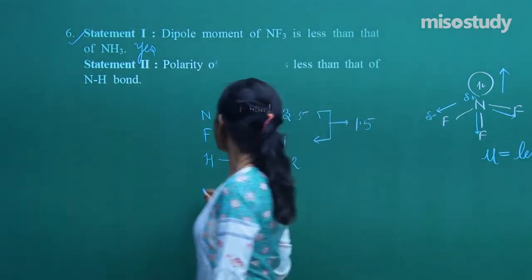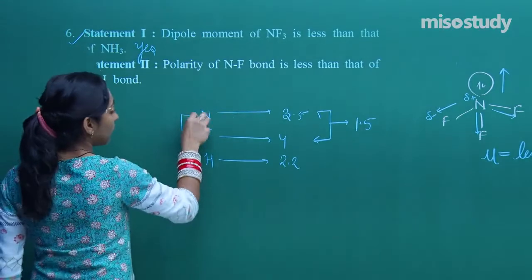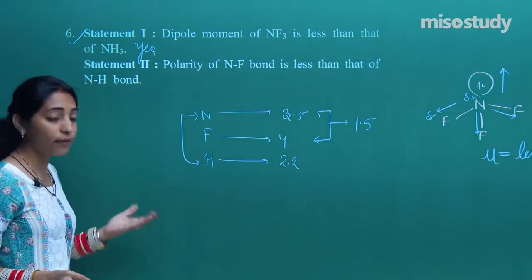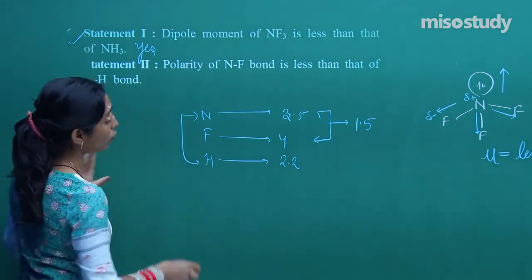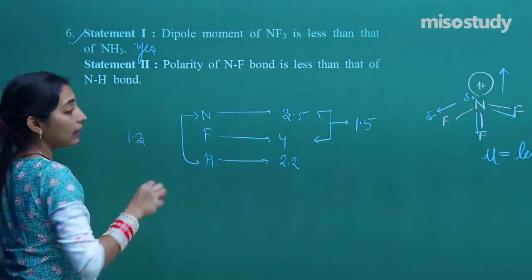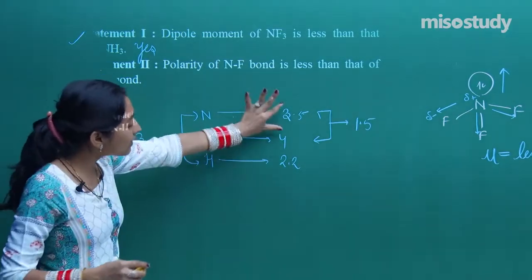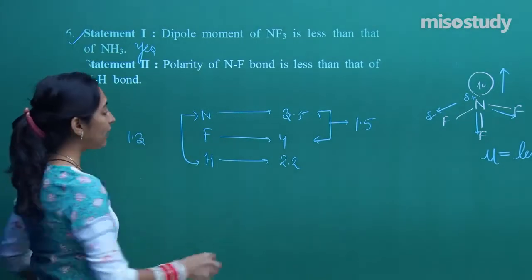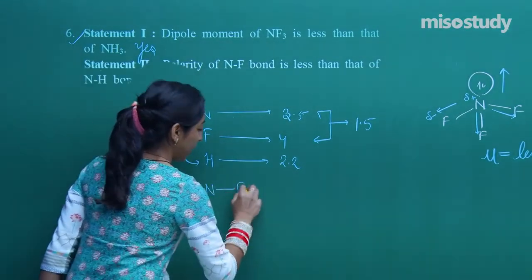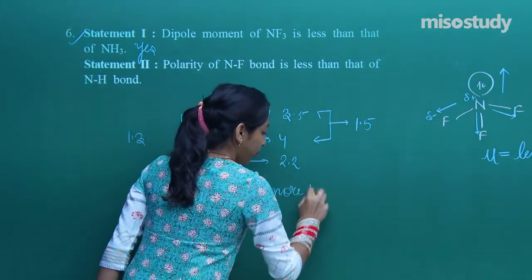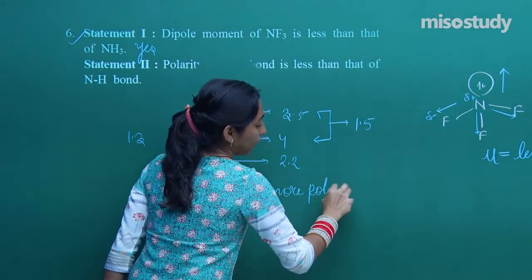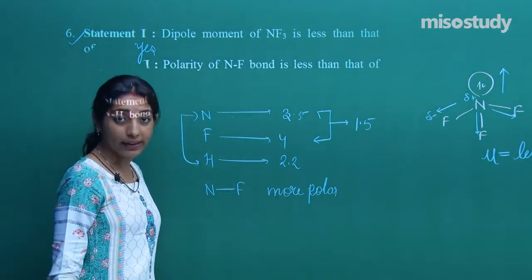But if I ask you to figure out the difference in electronegativity of N and H, you will get 1.3. So even with simple values you will get that the NH bond will be more polar compared to the NF bond.